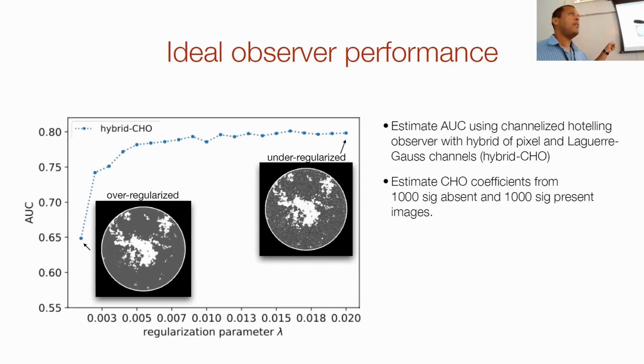Now applying the ideal observer to evaluating this new neural network-based image reconstruction, we got these results. Remember, lambda is tuning the regularization on the x-axis. The higher lambda is, the more sensitive we are to small signals, and in fact that's what you see. As you turn lambda up, the ideal observer detectability also goes up.